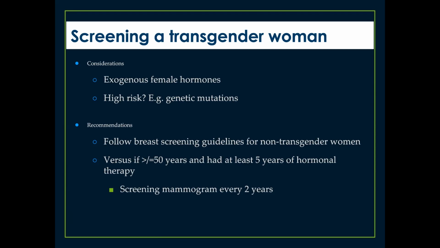The recommendation would be to follow the breast screening guidelines for non-transgender women, or alternatively, starting at age 50, particularly if they've had 5 years of hormonal therapy or more. And screening mammogram could be either annual or every 2 years. These recommendations have no great consensus, and so these are just some recommendations and considerations to mull over.